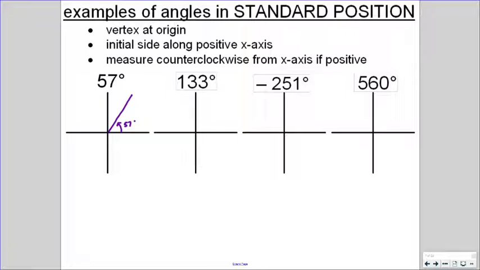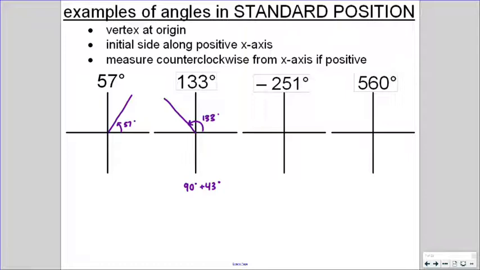Okay, 133 degrees, if we think about that, well, we can break 133 up into 90 degrees plus 43. So 90 degrees is the positive y-axis, and then we're going to add 43 more. Now 43 more is going to put us almost exactly halfway into the second quadrant, and that's how I'm going to mark 133 degrees.